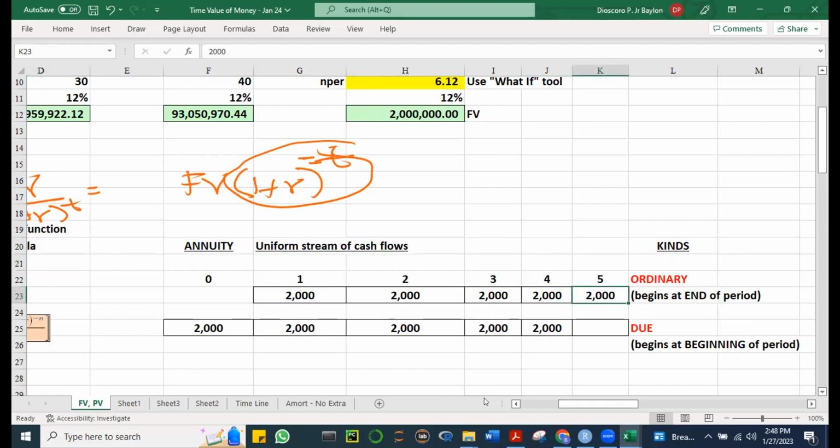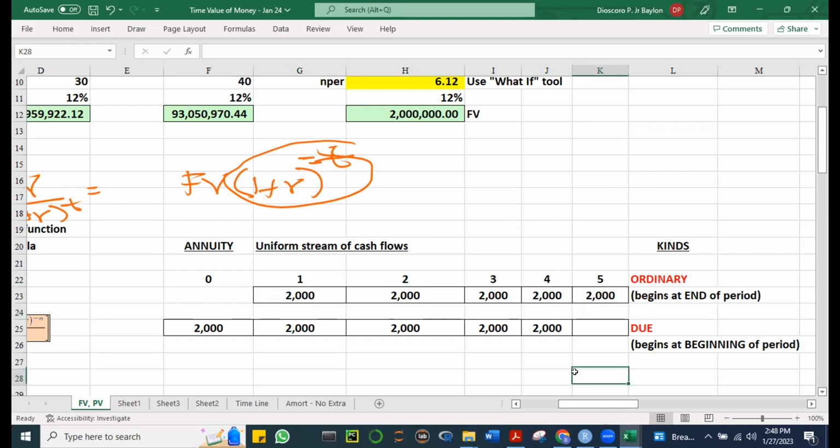For example, if you have 3000 at the end, we can still consider this as an annuity by breaking down the 3000 into 2000 and then 1,000. That way, you have two types of streams of cash flows: an annuity of 2,000 and one future value of 1,000.